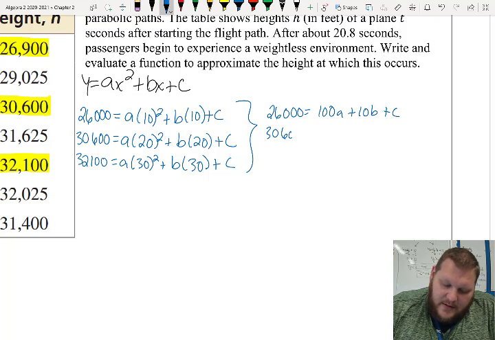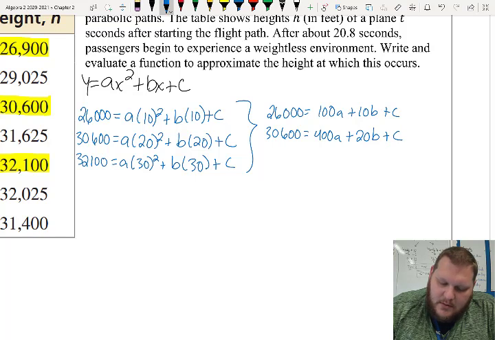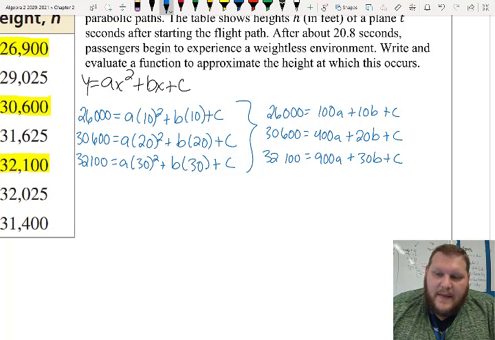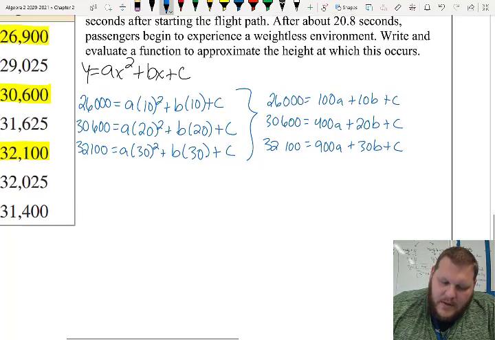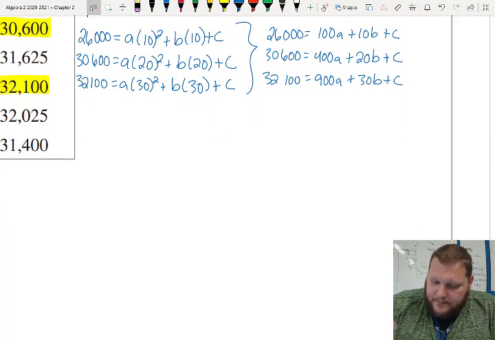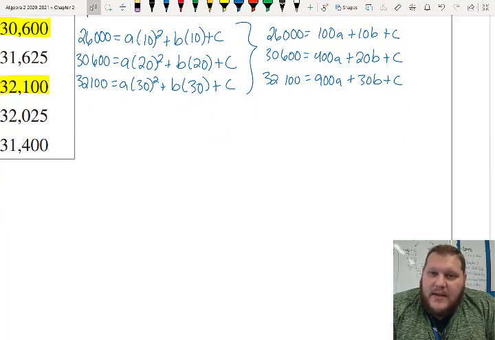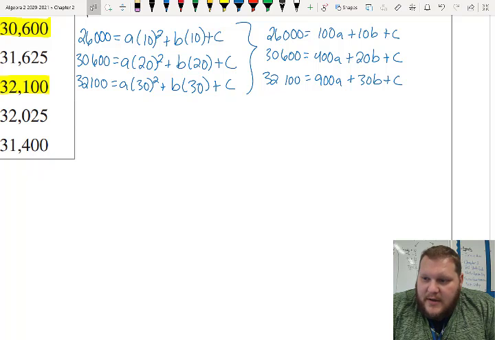Here we've got 30,600 equals 400a plus 20b plus c, and then 32,100 equals 900a plus 30b plus c. That's just from squaring 10, 20, and 30 and rearranging so it looks a little more simple. So from here, I have a 3-variable system, right? I've got a, b, and c, and 3 equations.